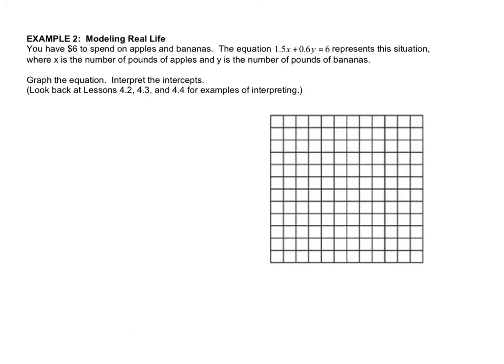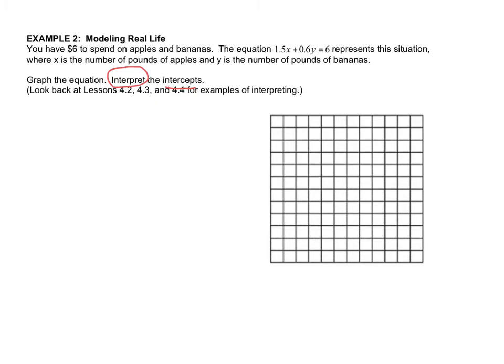So then they're saying graph the equation. So we're going to graph the equation, and then the big fancy word in here that we struggle with every year: interpret. Interpret means tell us what the intercepts are telling you. Okay? So let's graph the equation first, and then we'll get to that in a little bit.